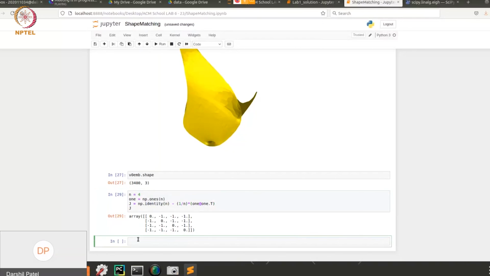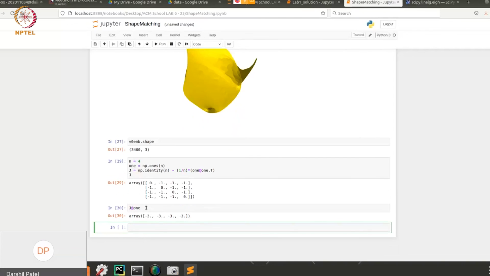That will certainly not happen. J times the vector 1, that has to be 0. It's not, you can clearly see here. The row sums should be 0. It's minus 3.